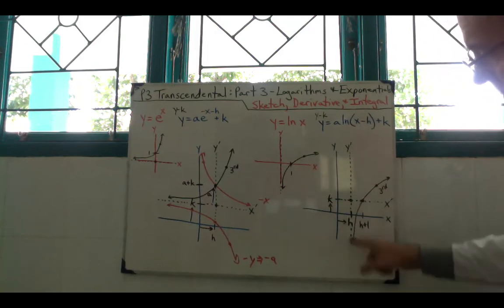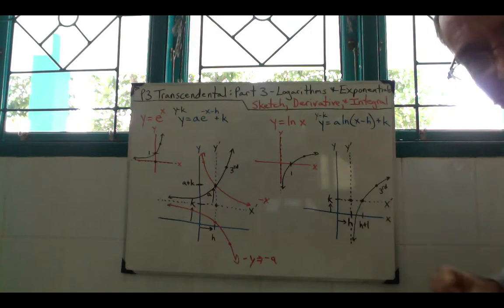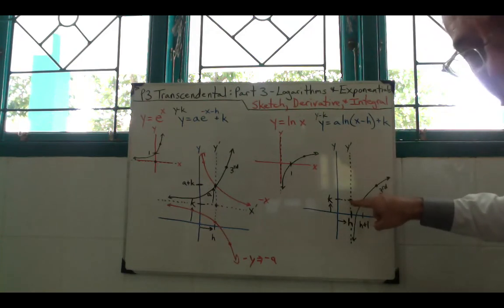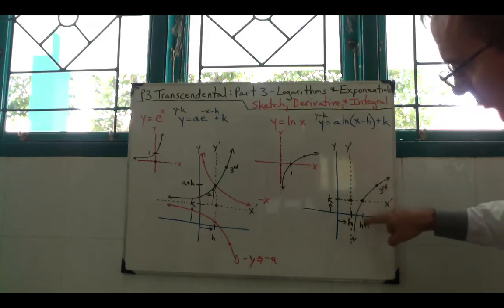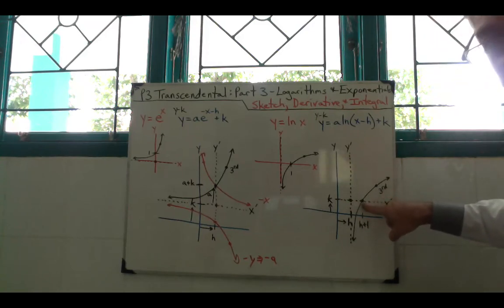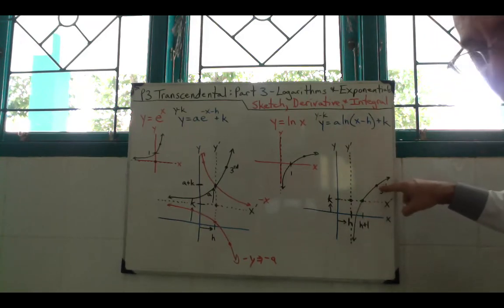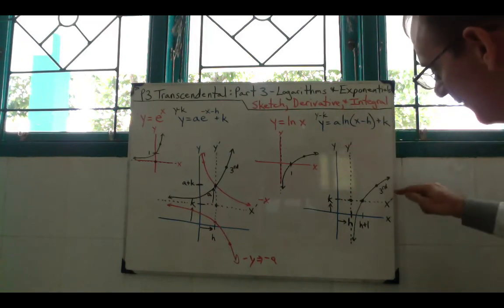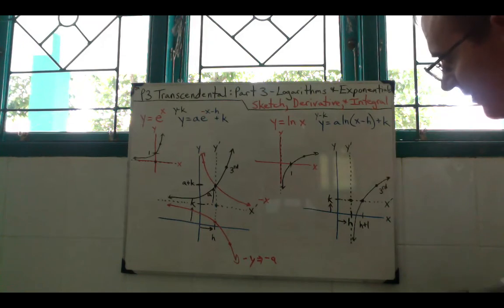So the fence, that vertical asymptote, is 1 point of reference. From your new origin over 1 unit, that's your second point of reference. And then you need a third point that you can just plug in on your calculator and find. That's your third point of reference.